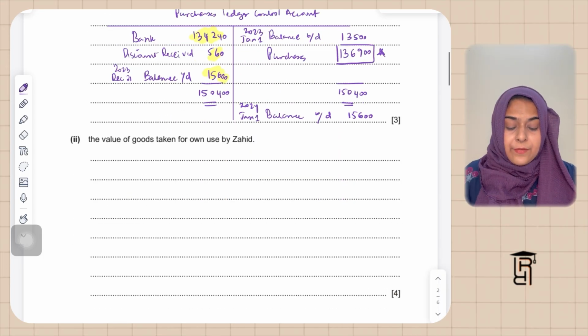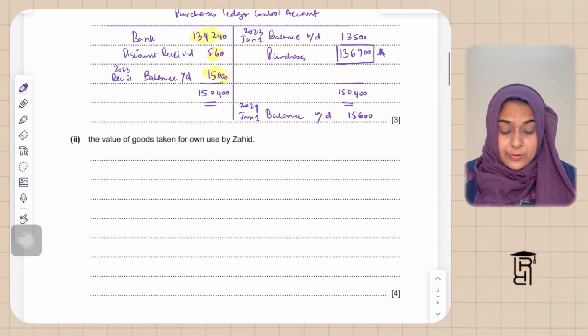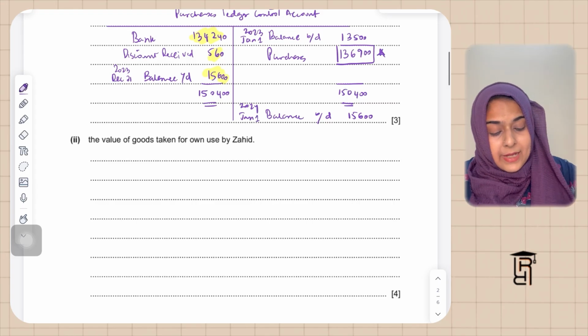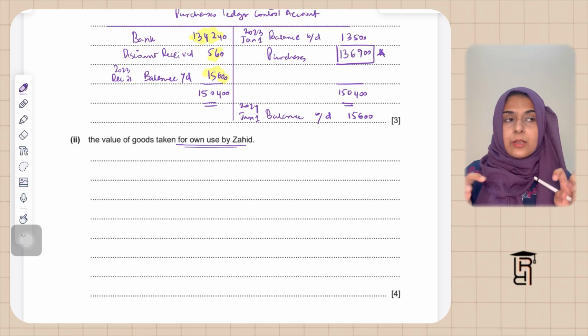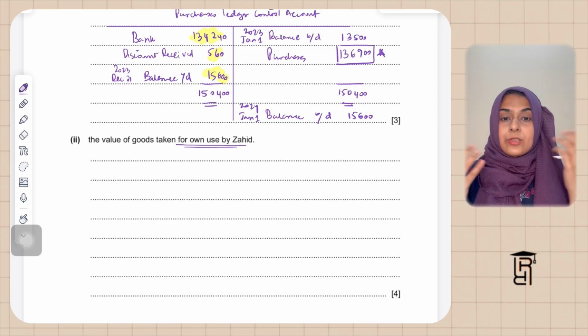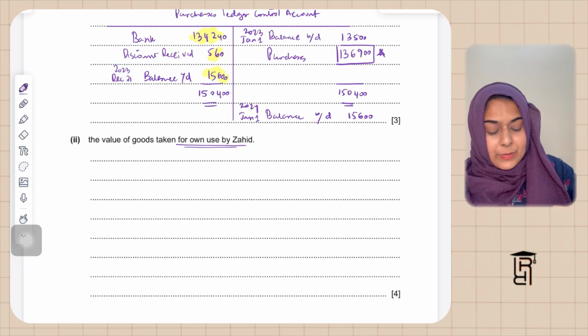Okay, in part two of this particular question, they are saying calculate drawings of goods, the value of goods taken for own use by Zahid. So goods taken for own use, there's a particular formula in which one of the values is drawings of goods. So this is basically called the cost of sales formula, and cost of sales formula is basically part of the income statement.